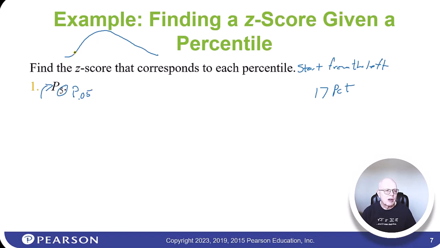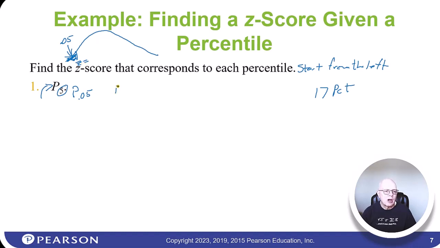So starting from the left, that means in here, we've got an area of 0.05 or probability of 0.05. So there's our picture. And we're going to find what that z is. Again, we're looking for a value, whether it's a z value or an x value, this time a z.